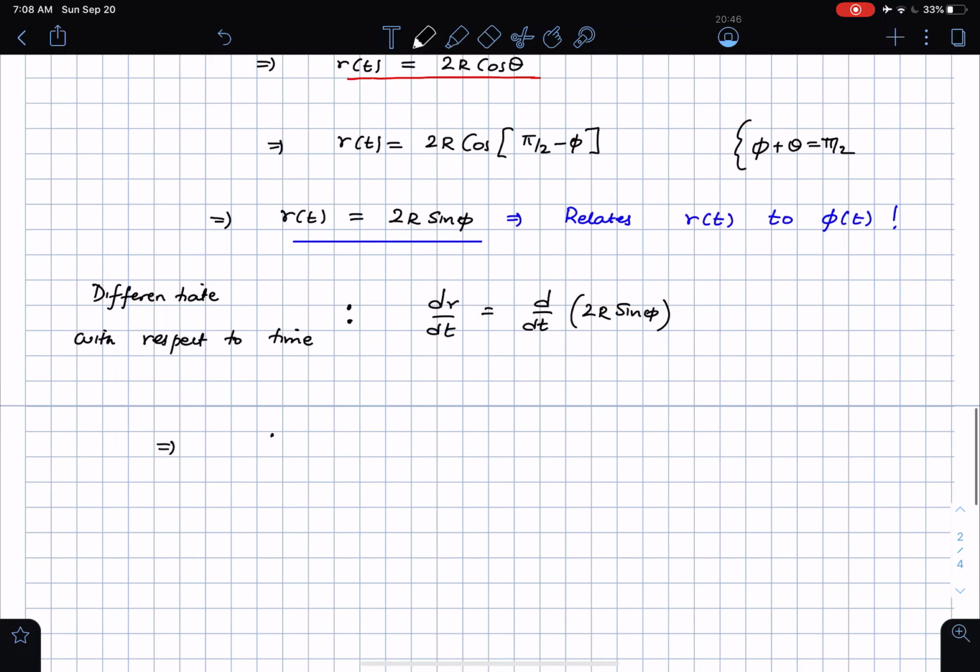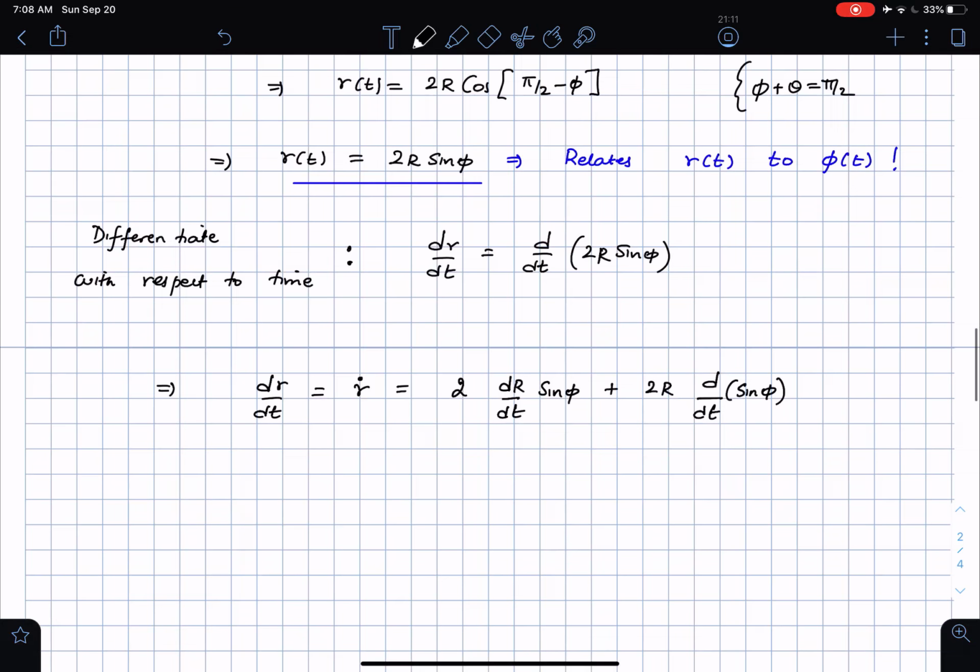So first of all, dr by dt, which is equal to r dot. Okay, this is equal to 2 times, capital R is a constant, so I'm not going to do any differentiation of that. So this is going to be, and maybe let's do it this way, dr by dt times sine phi plus 2 times r times d by dt of sine phi. Okay, and obviously dr by dt is 0, which means that that guy can be gotten rid of. Okay, and then I can say, okay, hey, r dot is equal to 2 times r.